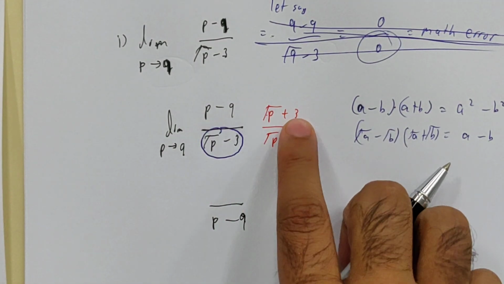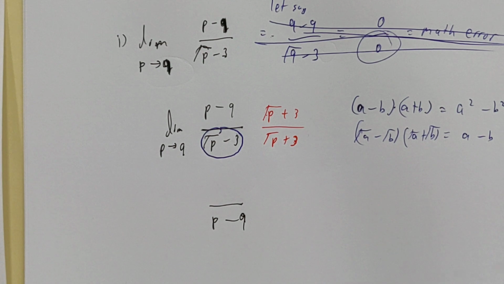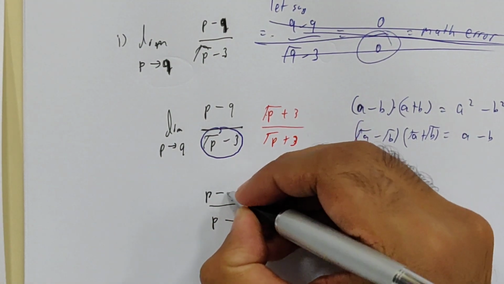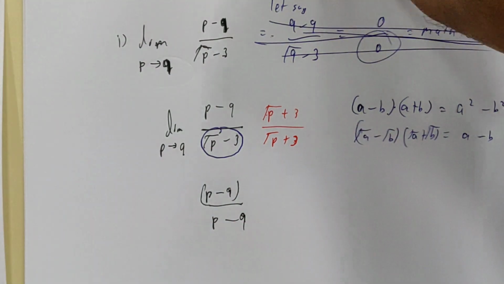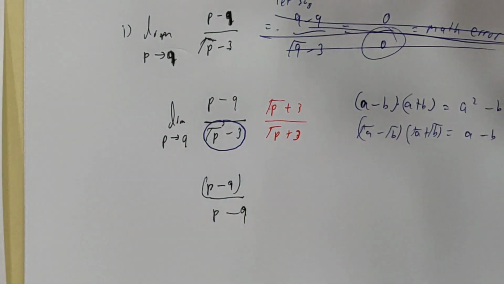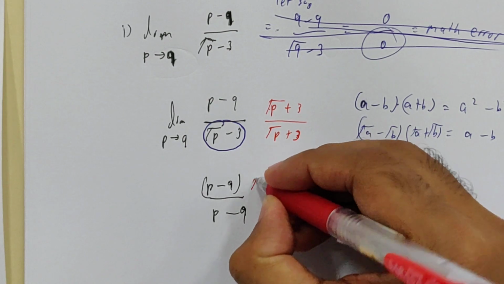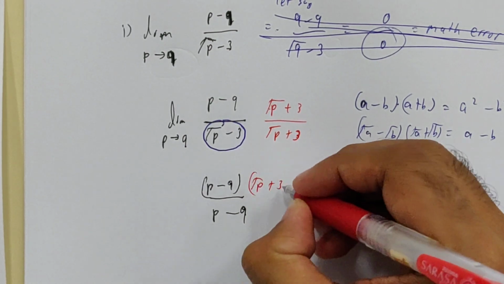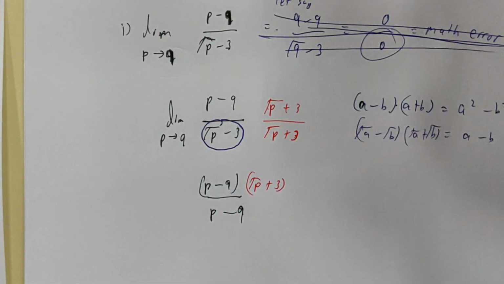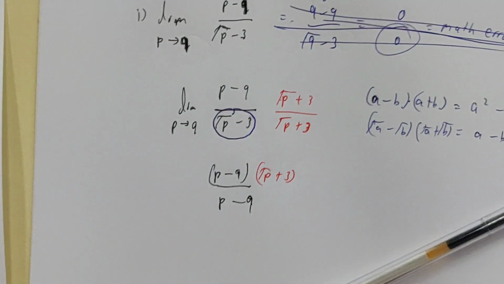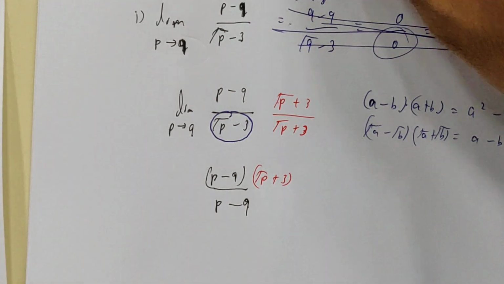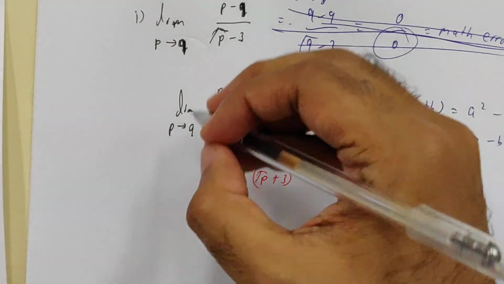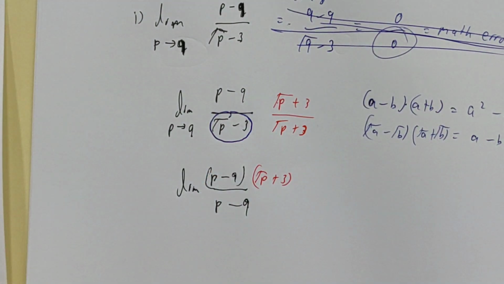Okay, so what should we do for the top part? Don't expand it, remain it as it is: P minus 9 times square root of P plus 3. Limit.